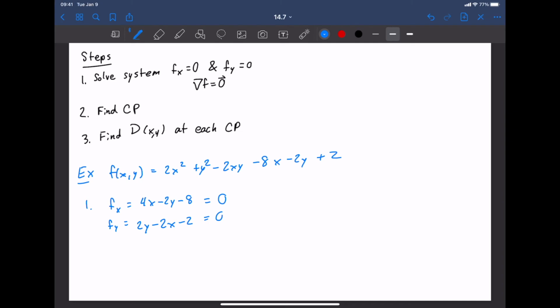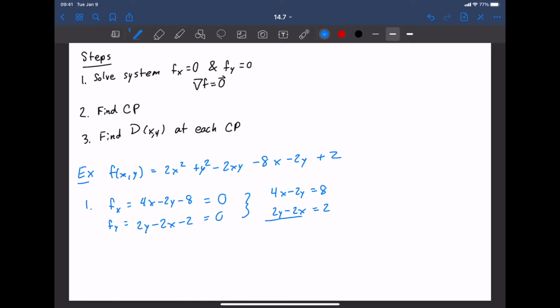What do I mean by solve this system? If I try to solve this system, I would get 4x minus 2y equals 8, and 2y minus 2x equals 2. However you want to solve the system, it's pretty easy to solve with elimination here, to be honest.